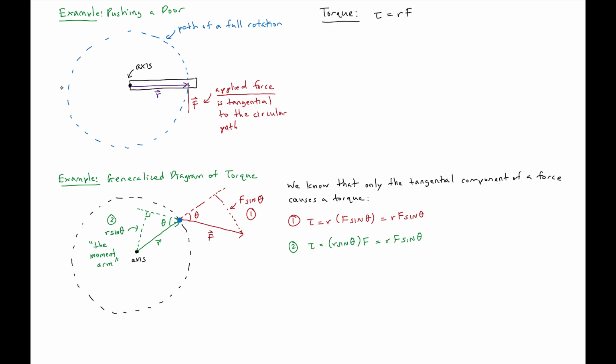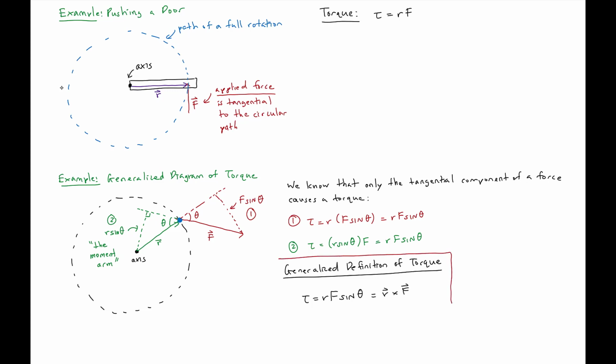So that means we have a generalized definition of torque, and that is tau is equal to rF sine theta, which is basically the cross product of the two vectors. So this is an important equation to remember moving forward.